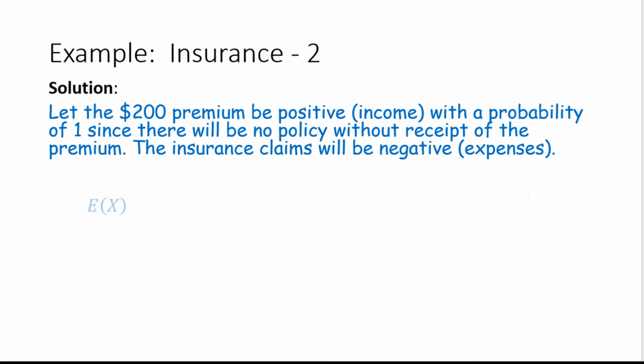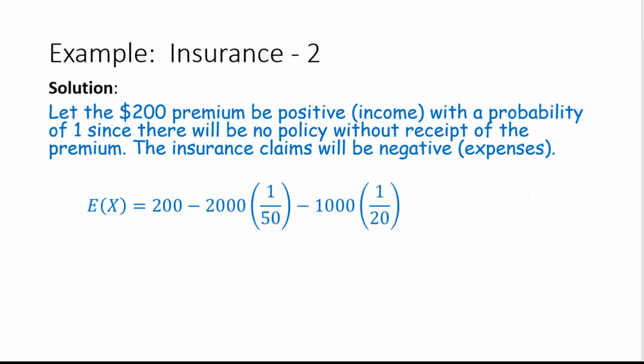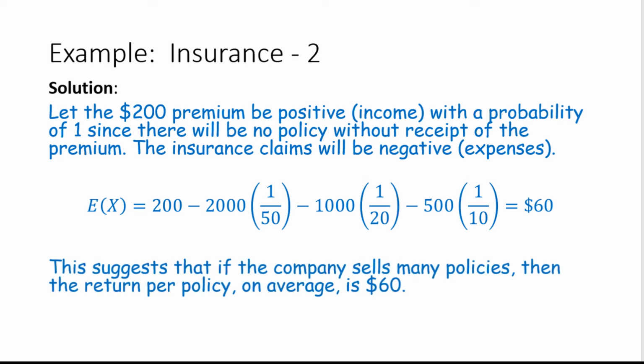So, E of x is equal to 200 times 1 minus 2,000, which is the value, times 1/50th, the probability that corresponds to a claim of 2,000, minus 1,000 times 1/20th, minus 500 times 1/10. Computing the arithmetic, we get that the expected value is $60. This suggests that if the company sells many policies, then the return per policy on average is $60.